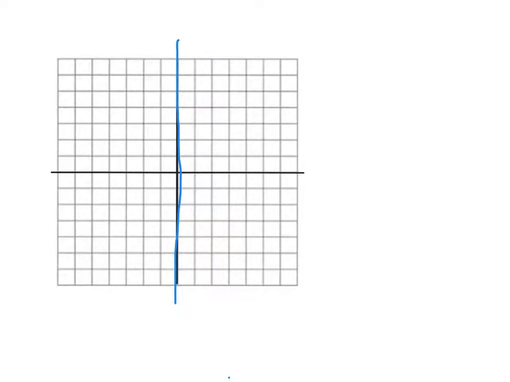But let's just pretend here that I've got a parabola that is symmetric with respect to the y-axis. So say it looked like this. Let's draw it better than that. I'm happy with that.